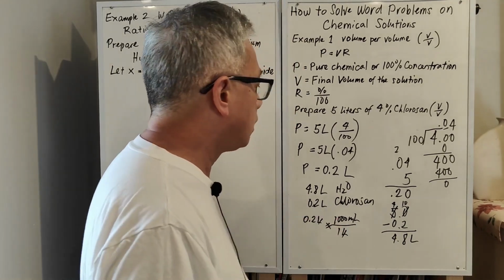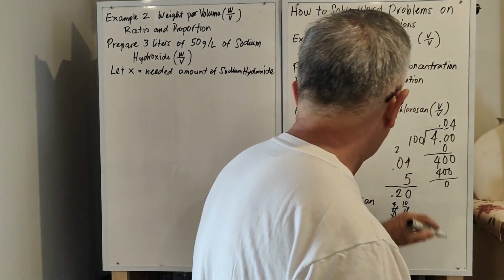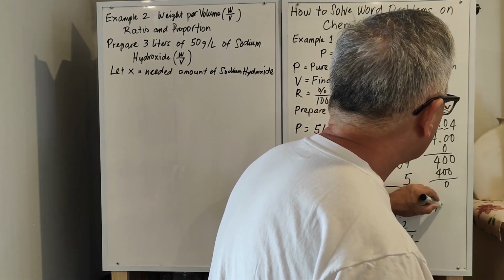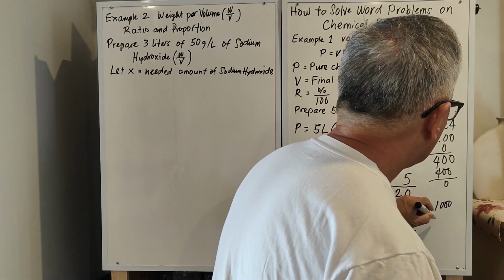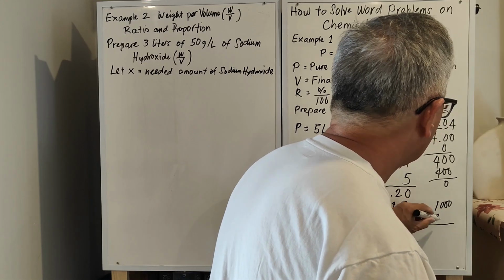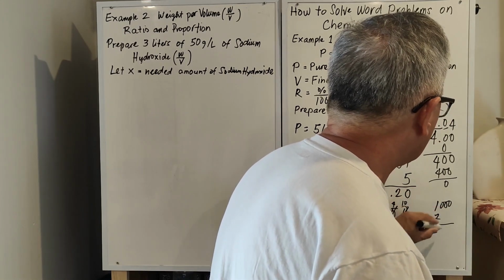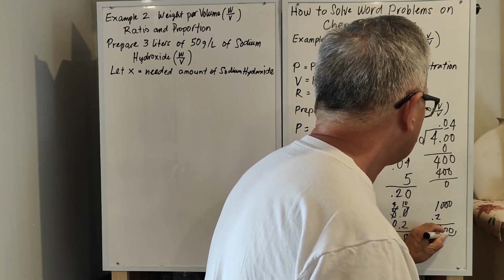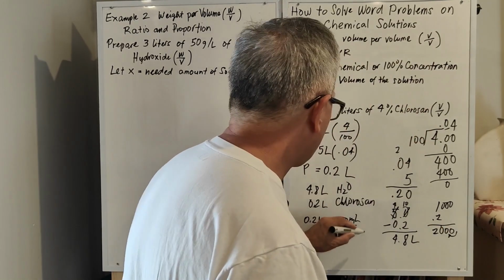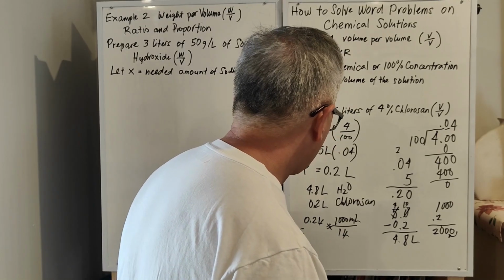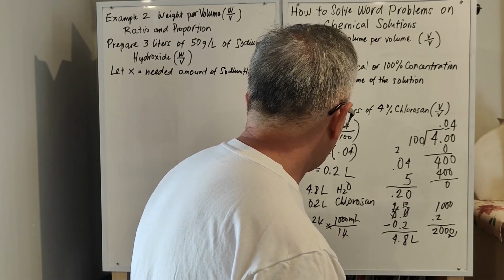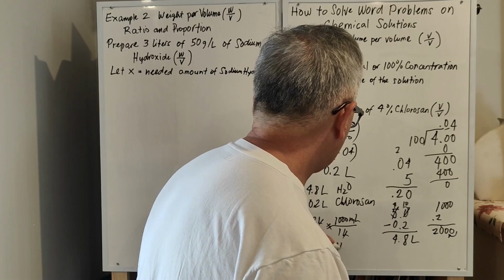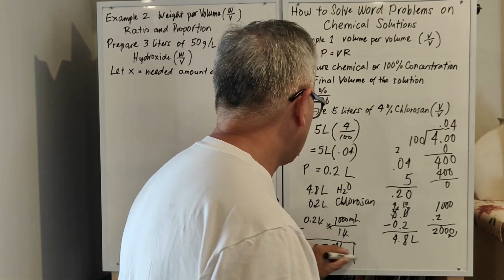So 0.2 times 1000. 2 times 1 is 2. You add the 3 zeros, and this is 1 decimal place, you remove it. You have 200 ml of chlorosan.